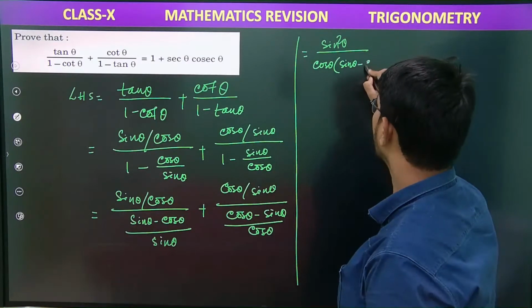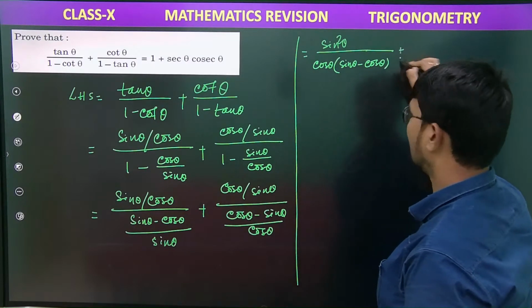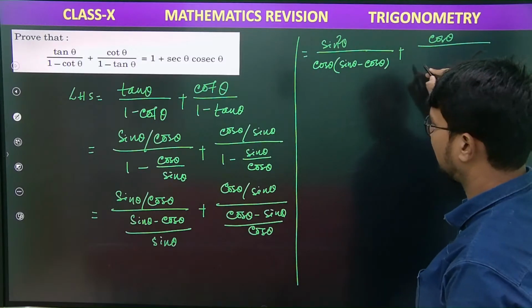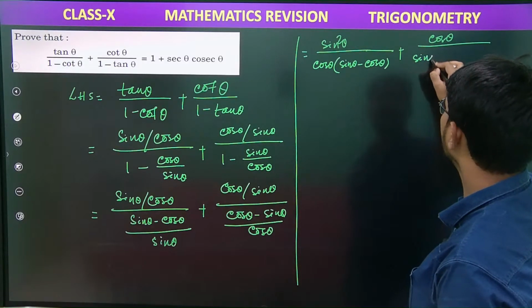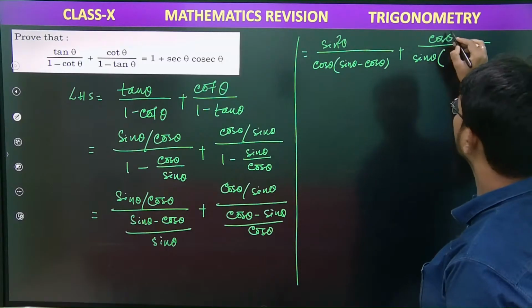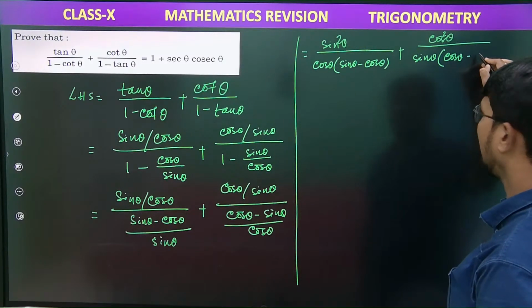Sin theta minus cos theta, plus cos theta by sin theta into, it is cos squared theta, right? It is cos theta minus sin theta.